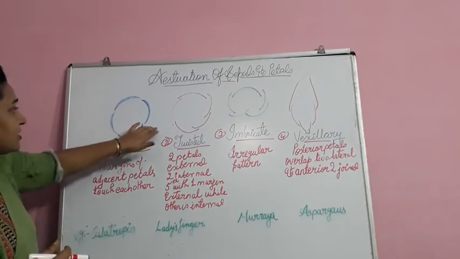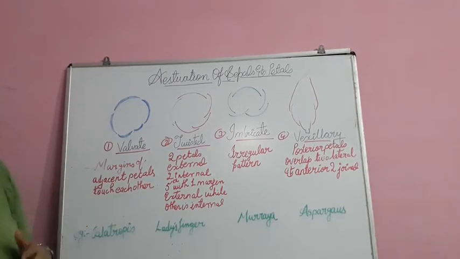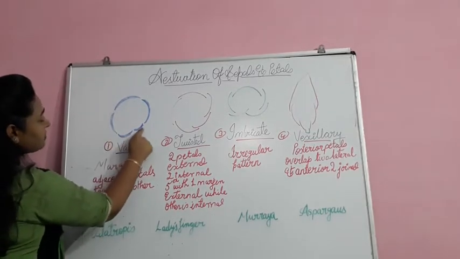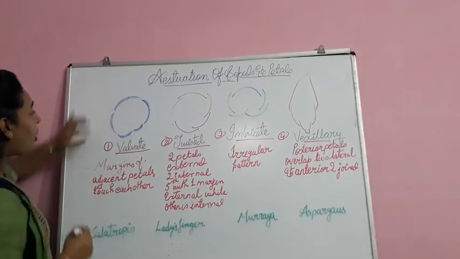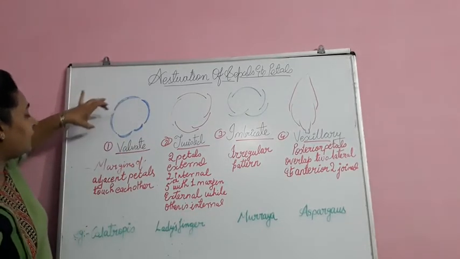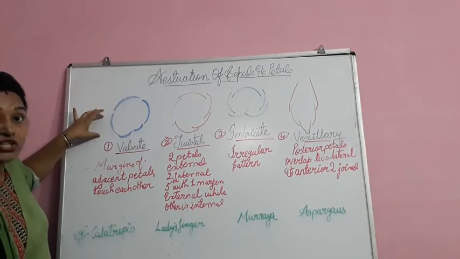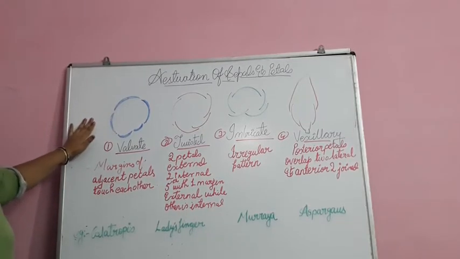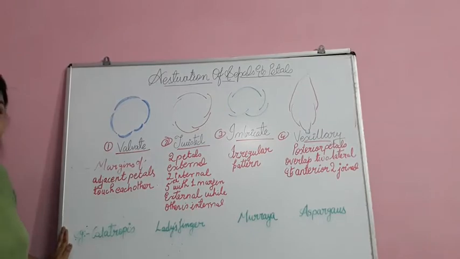As you can see, I made just a floral structure where you can imagine the petals. In this structure, all these petals are free. They are not touching each other at the margin, right? That kind of aestivation is called valvate, and you can see it in Calotropis.